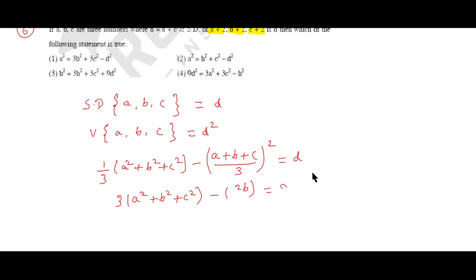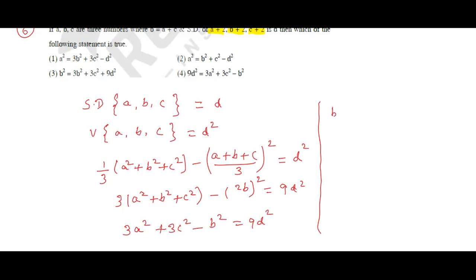That is equal to 9D square. Here square: 2B square means 4B square. Now we get 3A square plus 3B square plus 3C square minus 4B square, that is equal to 9D square. Okay. B square send to right hand side, 9D square send to left hand side.